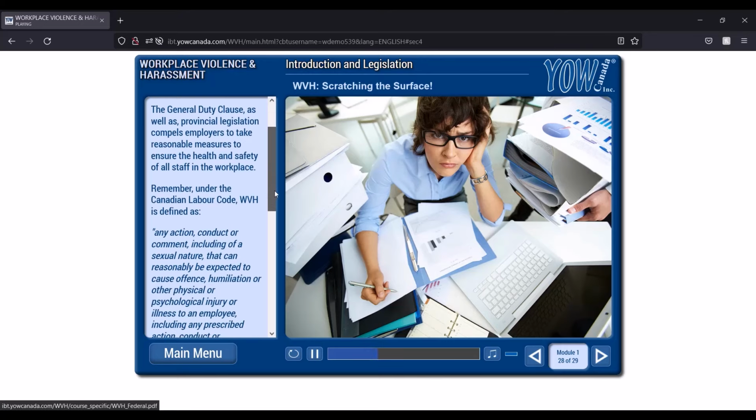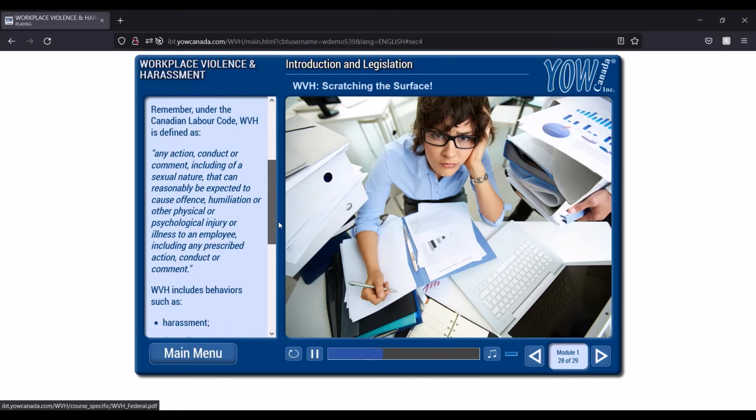Remember, under the Canadian Labour Code, WVH is defined as any action, conduct, or comment, including of a sexual nature, that can reasonably be expected to cause offense, humiliation, or other physical or psychological injury or illness to an employee, including any prescribed action, conduct, or comment.